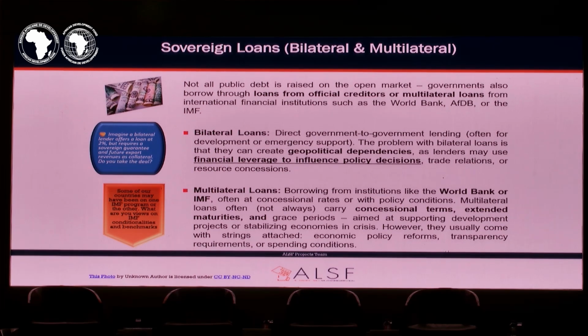So it could be a loan between a government and a commercial creditor, and it's referred to more broadly as bilateral. But generally, when people say bilateral loans, they refer to inter-sovereign loans. And this is really just direct government-to-government lending.